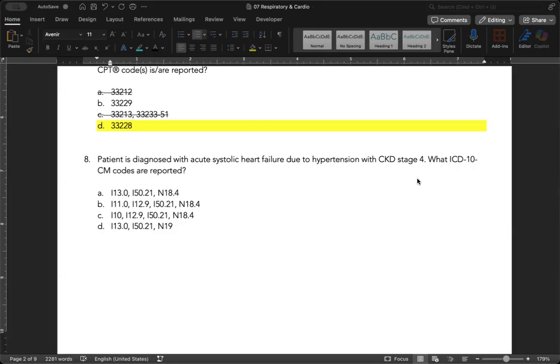So hypertension, cardio-renal, and then we have with heart failure, right? Because it's systolic heart failure. And then our stage of chronic kidney disease is stage 4. So we're going to go to the first option with stage 1 through stage 4. And that gives us I13 for the hypertension component.